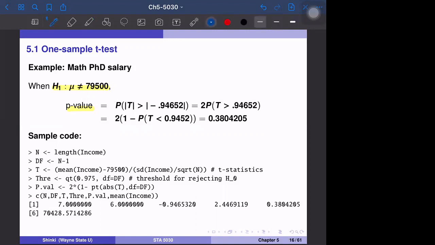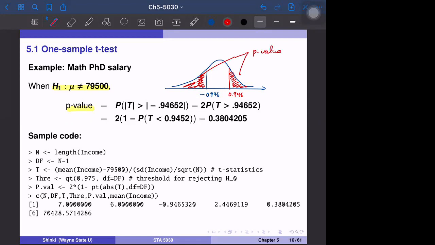Remember that we have a test statistic of negative 0.9465, around here. Then this is two-sided, so think about the other part also, and the total of this area and this area is the p-value.